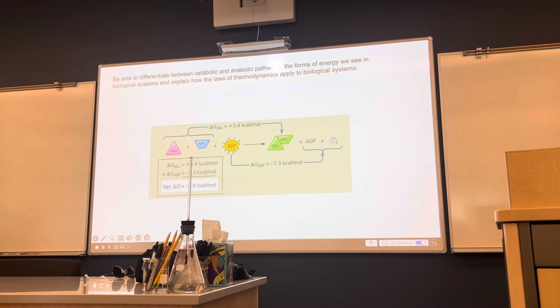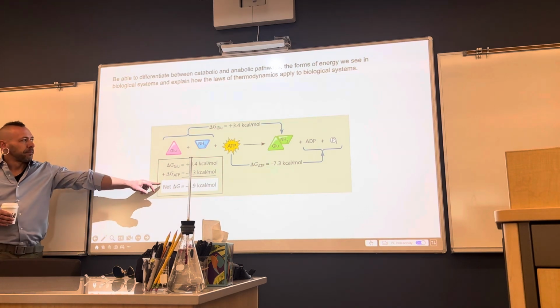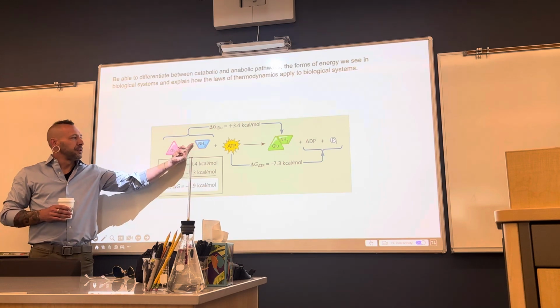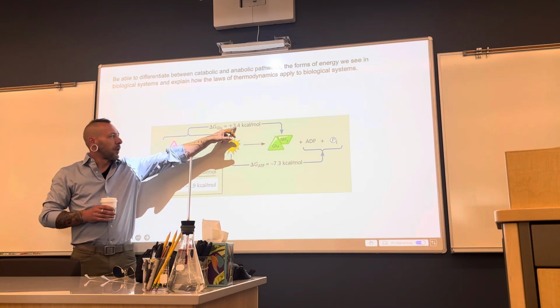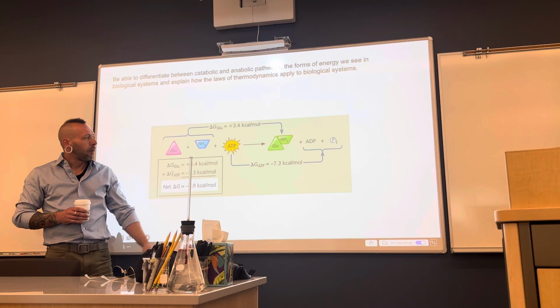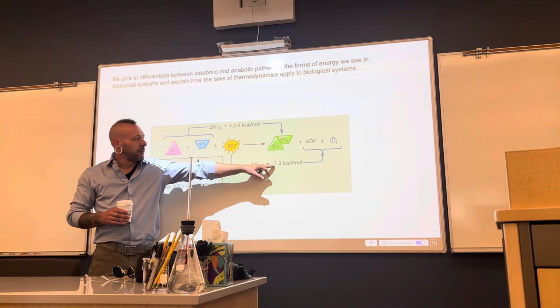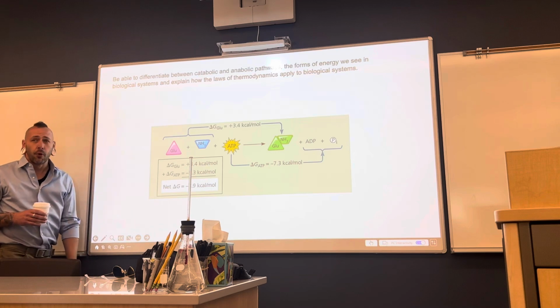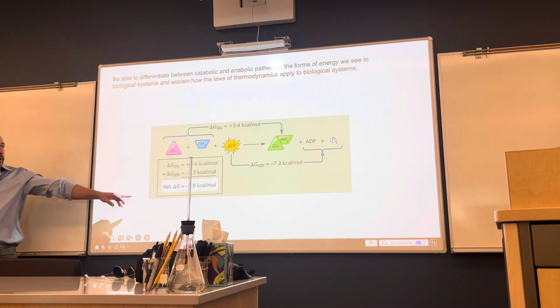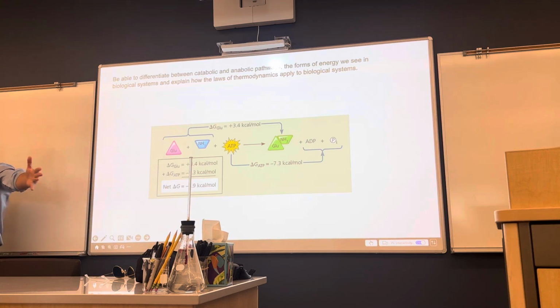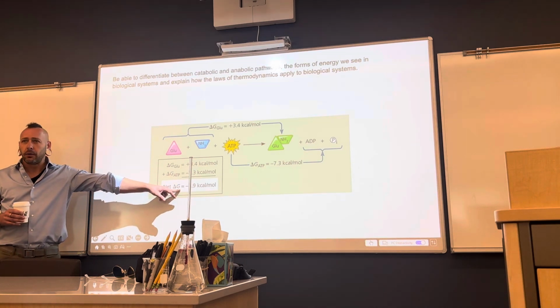Yeah. Right here. So to combine these two things requires 3.4 kcals per mole. When we hydrolyze ATP, we get 7.3 kcals per mole. That's more than we needed, right? So there's a net difference of 3.9. We had 3.9 extra kcals per mole. Where did those 3.9 kcals per mole go?